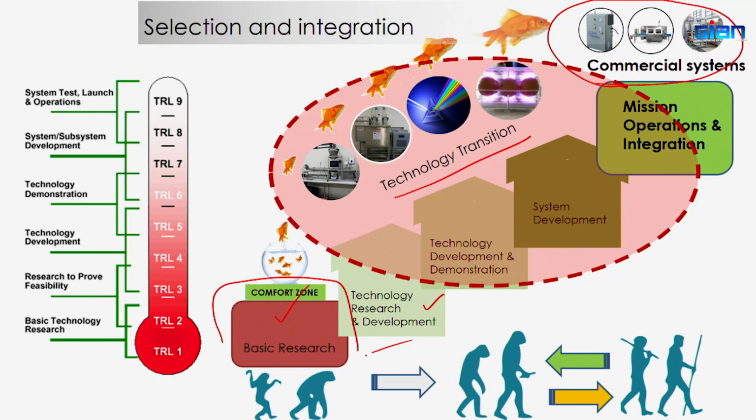So once we know where we have to integrate it, there is technology research and development, demonstration, system development, and mission operation and integration. Even in NIT Rourkela, you can see how those systems are designed, like automatic pickling machine, automatic dosa maker. What is the new technology there?